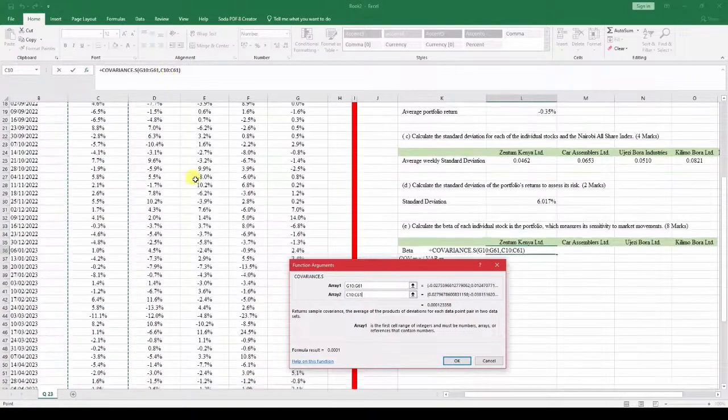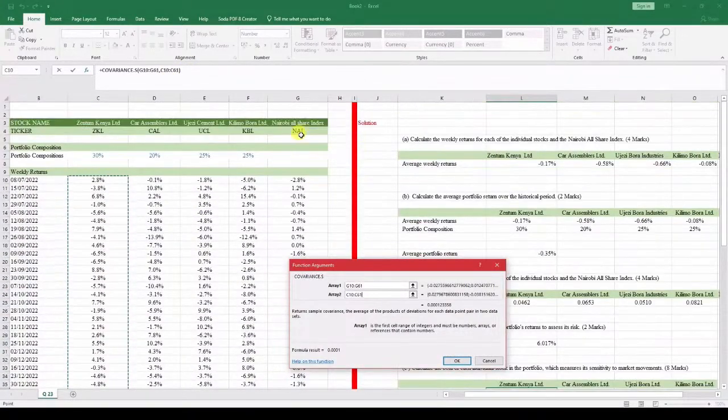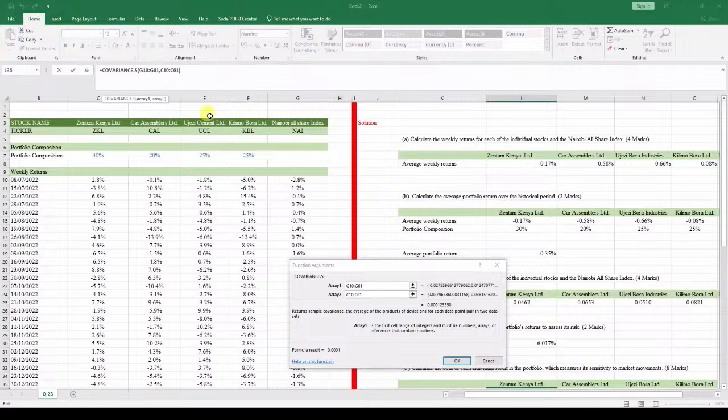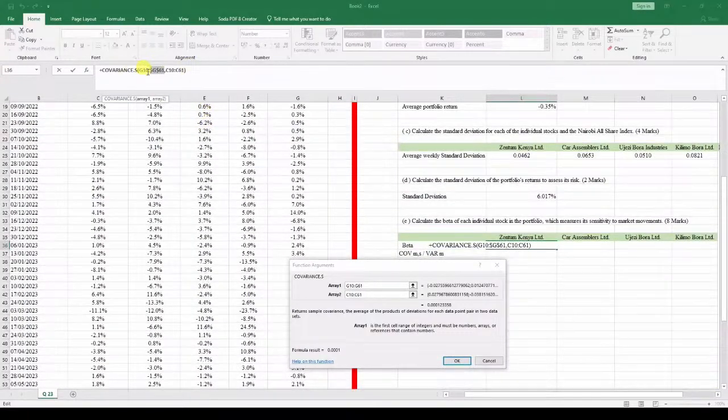So we can lock the one for the market. This one for G is one that you can decide to lock, F4 and F4. Why are we locking it? Because we want to ensure that the covariance of the market remains like that. And then we do what?